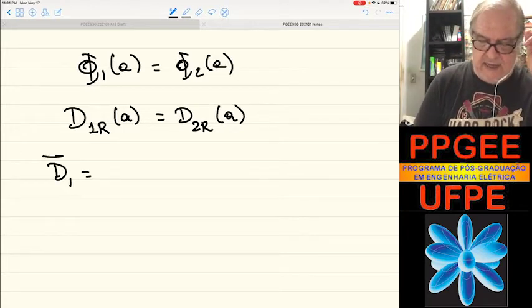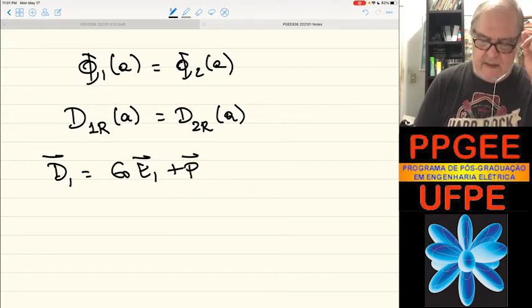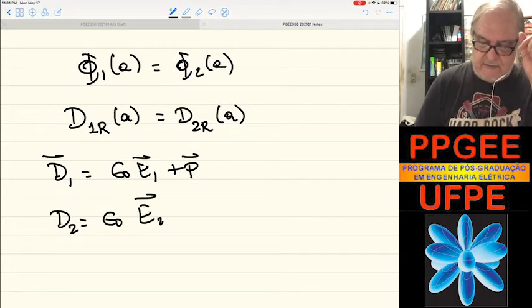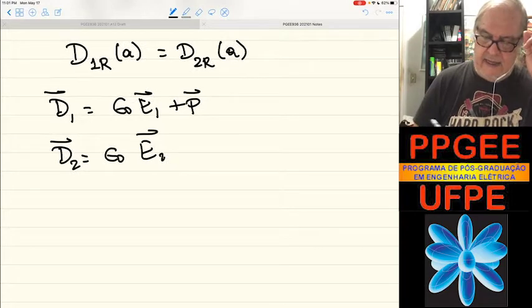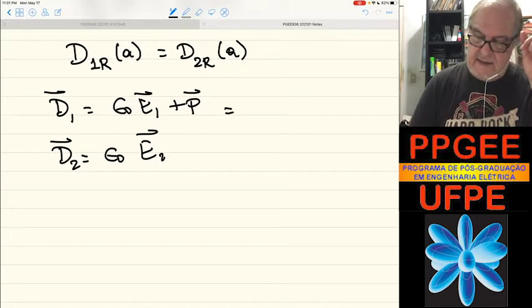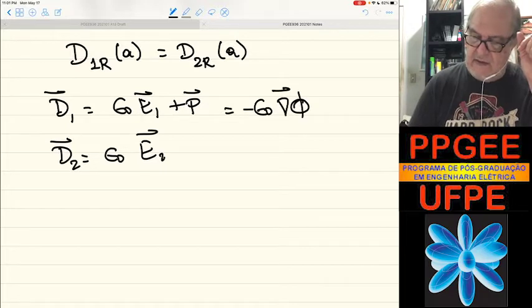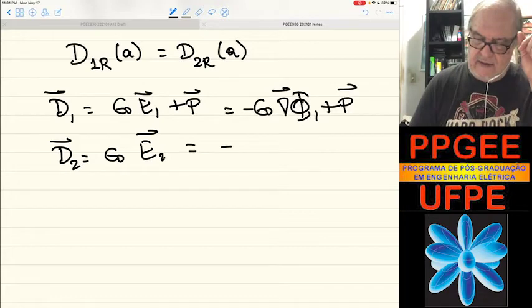D1 equals epsilon 0 E1 plus P. And D2 equals epsilon 0 E2. And in turn, this is minus epsilon 0 nabla of phi 1 plus P. This equals minus epsilon 0 nabla of phi 2.